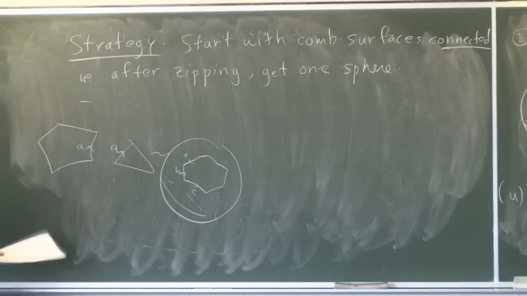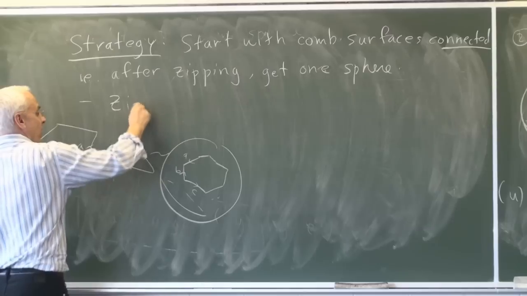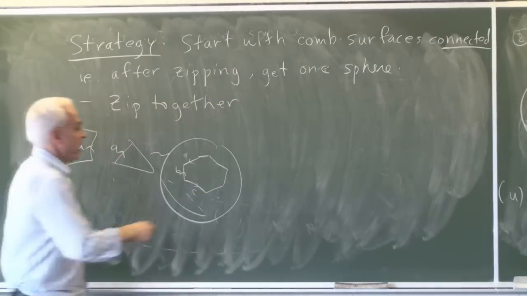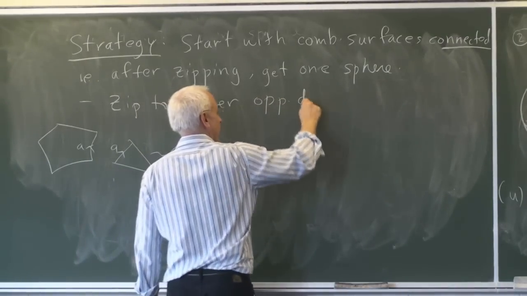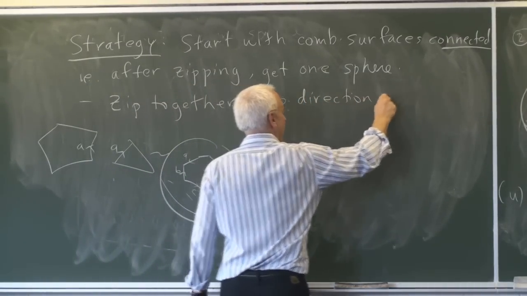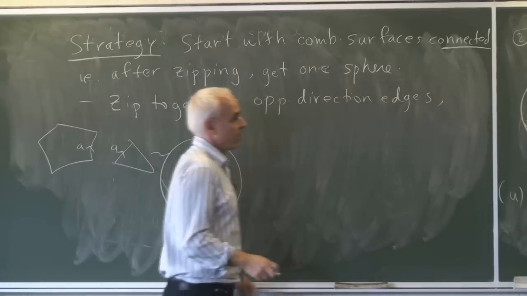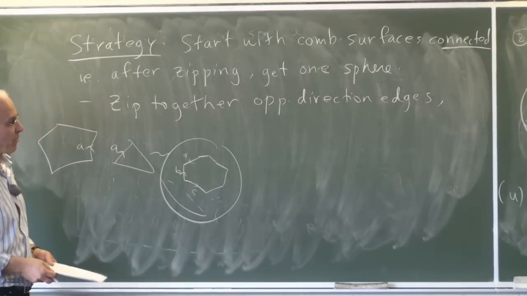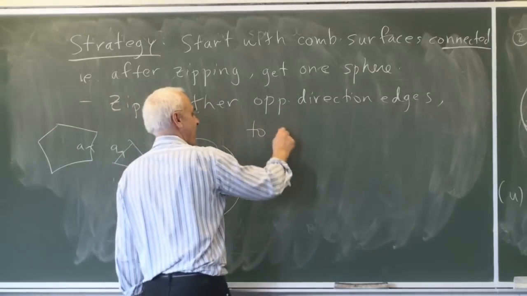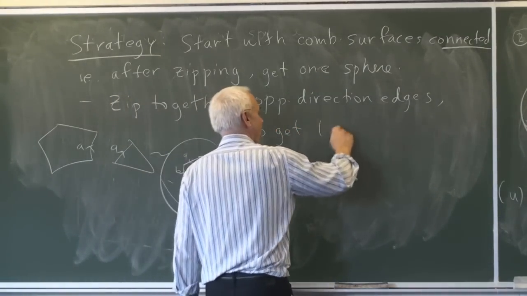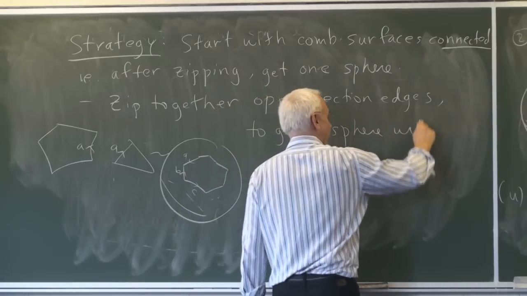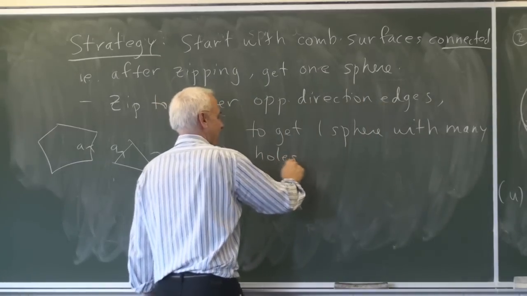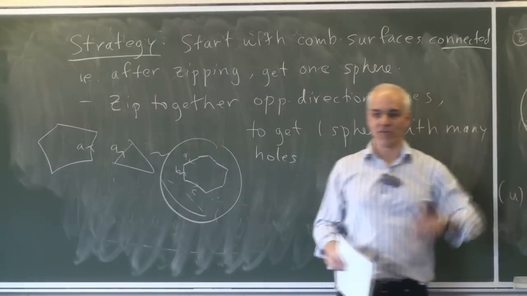Okay, and then after that, we are going to zip together opposite direction edges, according to our second operation, to get still one sphere, now with many holes. The number of edges is going down, but the number of holes is increasing.